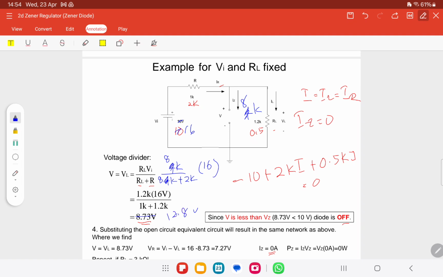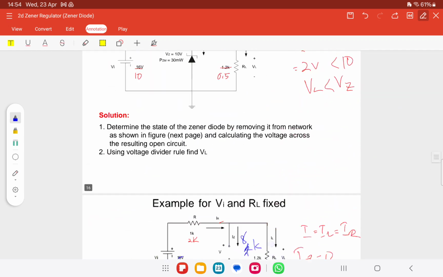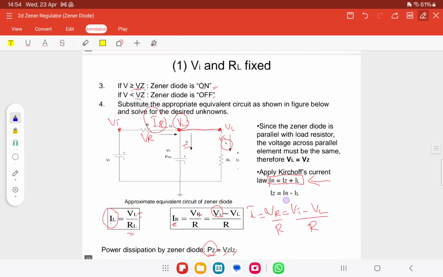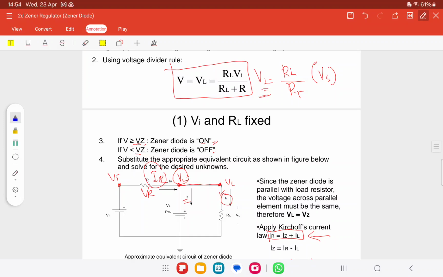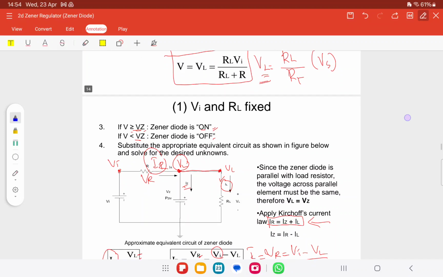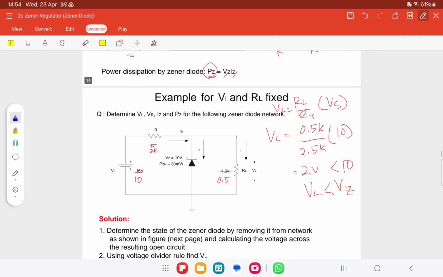Okay, so 12.8, what is the condition here? Okay, because kita tengok balik kepada mana tadi? Here. 12.8. Okay, because the VZ is 10. VZ is 10. No, VZ kita 10.